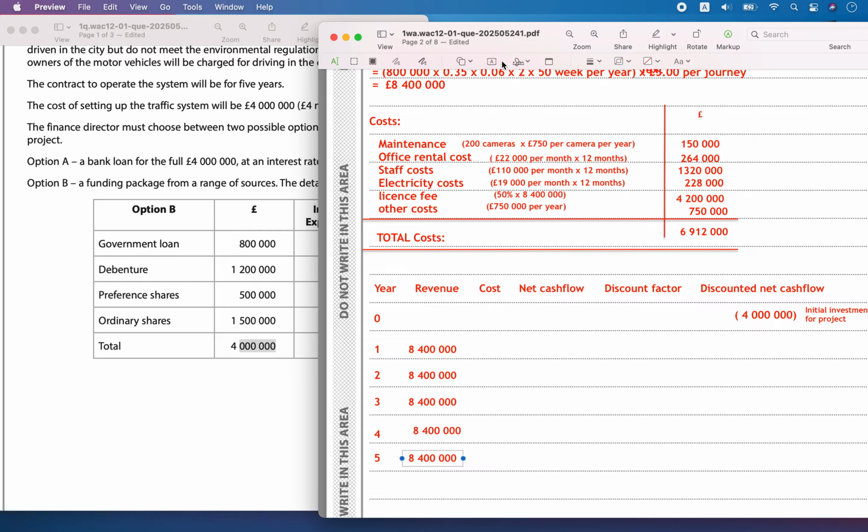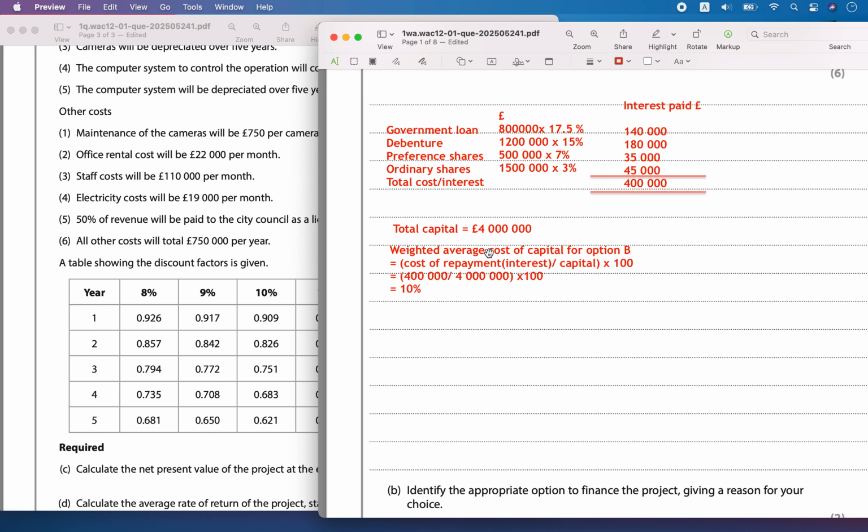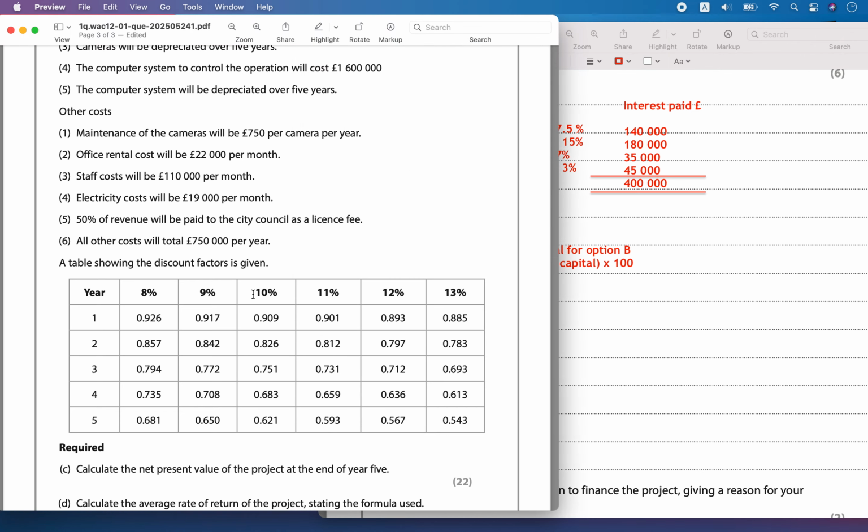The cost is also going to remain the same, 6,912,000. Now the net cash flow we have to calculate. That is also going to remain the same. So it is revenue minus cost, which is 1,488,000.